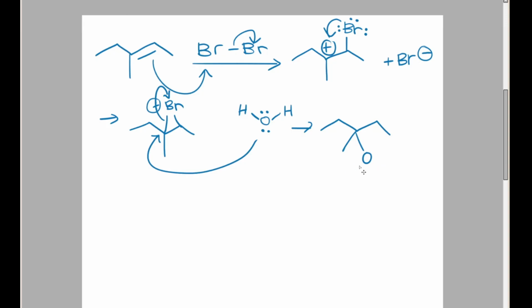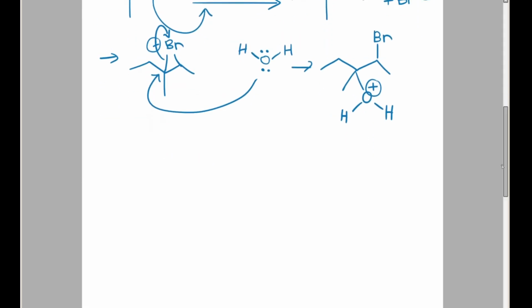Wait a second. I skipped a step. Now you get something like this, where the positive charge is on the oxygen atom. And because it's still positive and not neutral, it's unstable, so it's going to undergo another step of the reaction. Because we have so many water molecules in the solution, we're going to take another water molecule and react it with this water molecule that's bonded to this molecule. I'll just draw it out again.